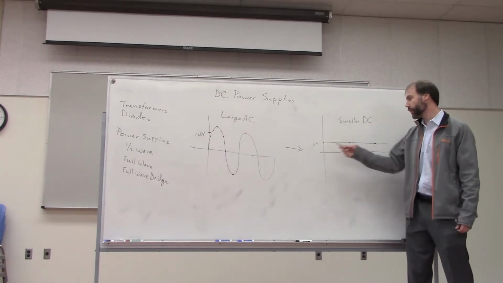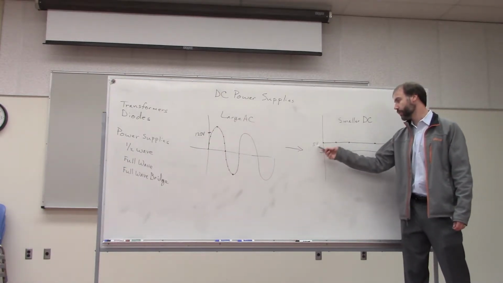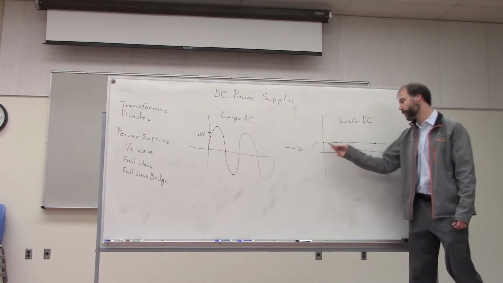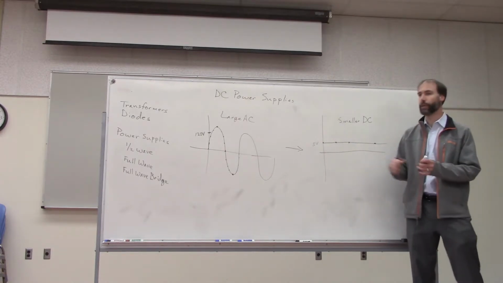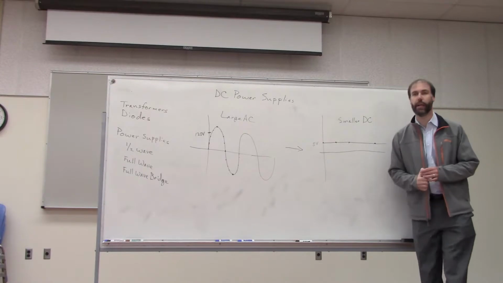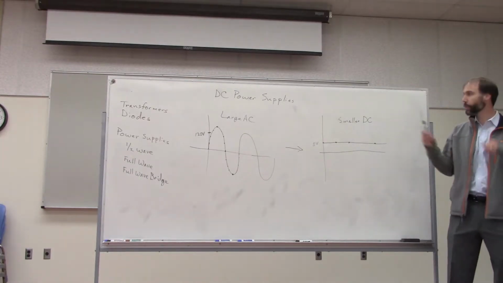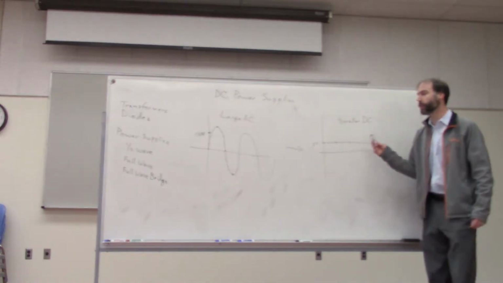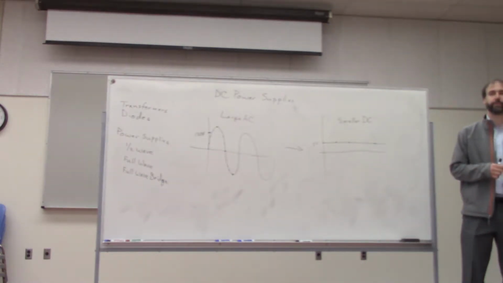Depending on the application, your power supply will provide some fixed DC voltage, but it's going to be much less than the 120 volts AC. Okay? So the purpose of the power supply is to take a large AC signal and turn it into a smaller DC signal. Okay?